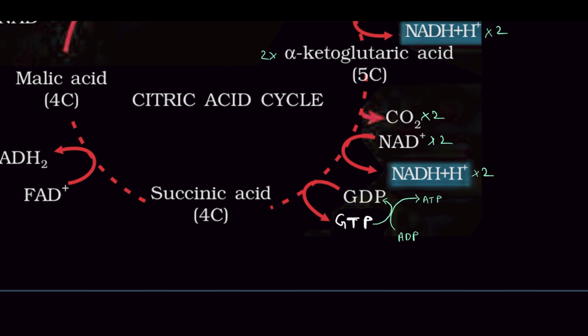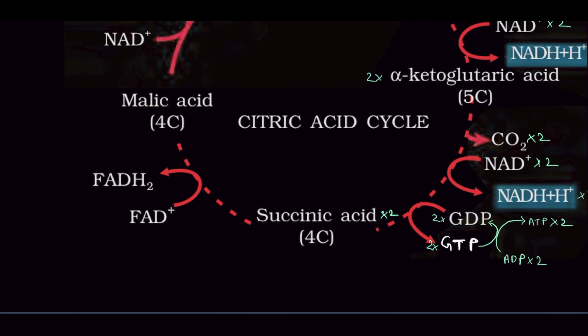And here 2 molecules of GDP will convert into 2 molecules of GTP. 2 molecules of GTP will convert 2 molecules of ADP to 2 molecules of ATP. Then after this we will get 2 molecules of what? Succinic acid. So here we will get 2 molecules of succinic acid.